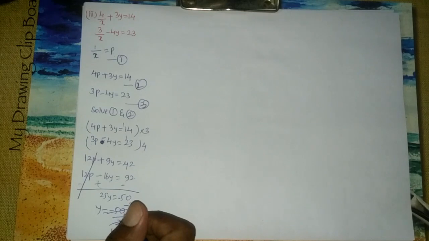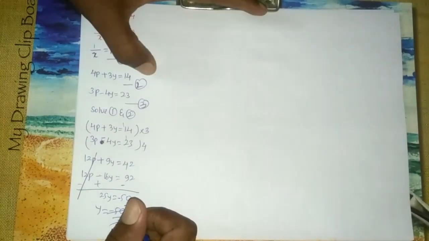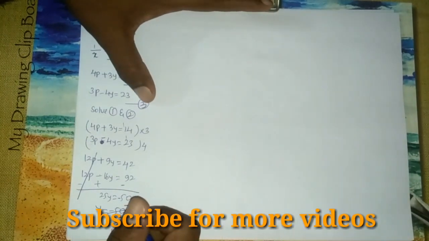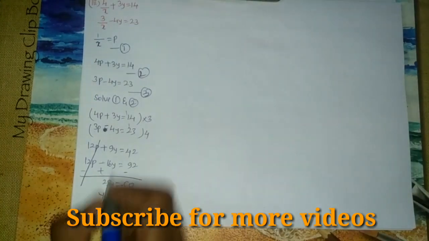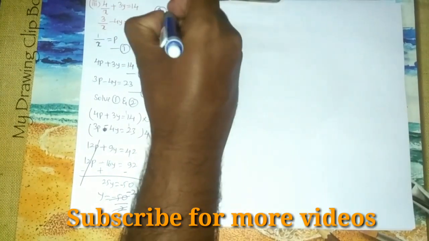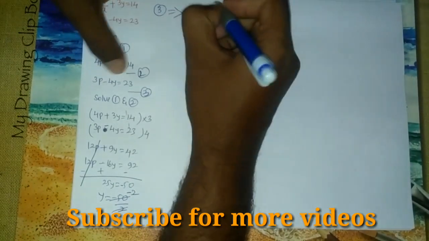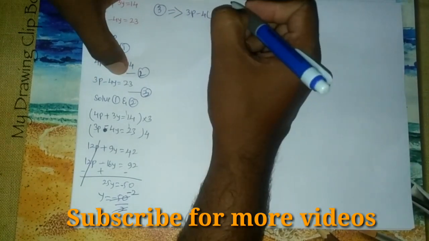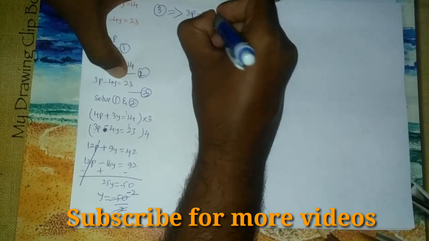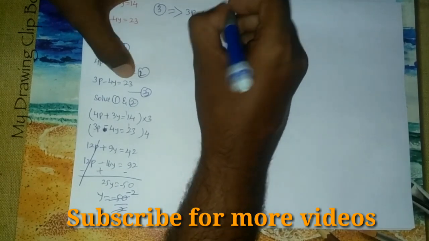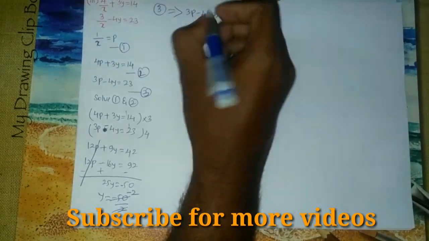Now substitute y equals minus 2 in either equation 2 or equation 3. Let me substitute in equation 3. So it will be 3 into p minus 4 into y, and y is minus 2, so I will write minus of minus 2 equals 23.